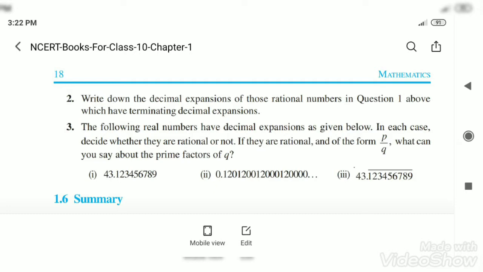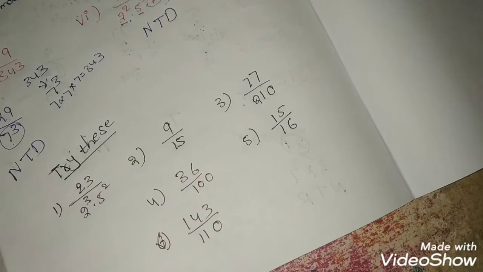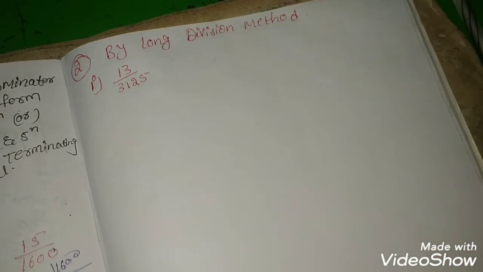In this question, by using the long division method we have to prove it is a terminating or non-terminating decimal, and first of all which one is the terminating decimal here. Okay, so let's check the questions, and you have to check by the long division method. Put the answers in the comment box. Understand?